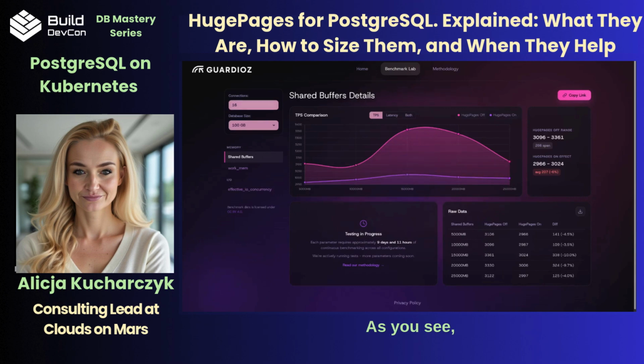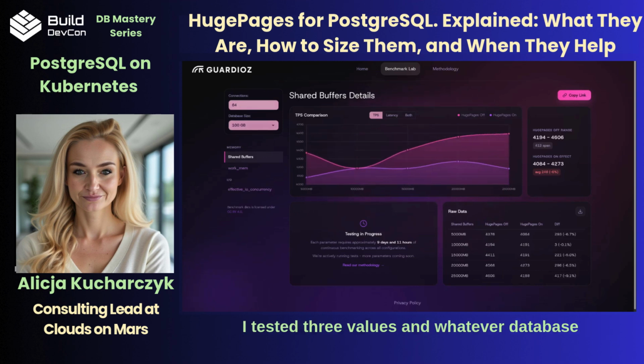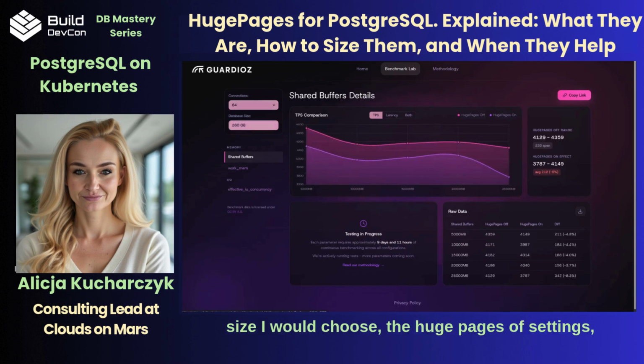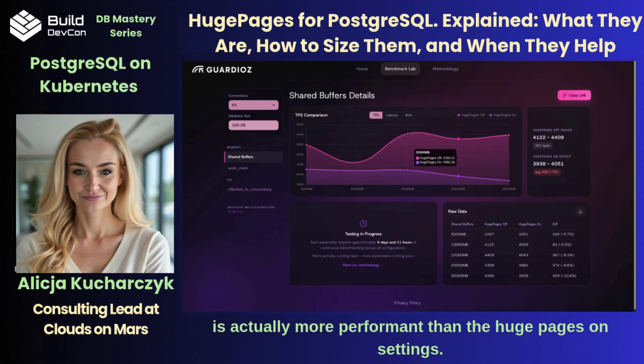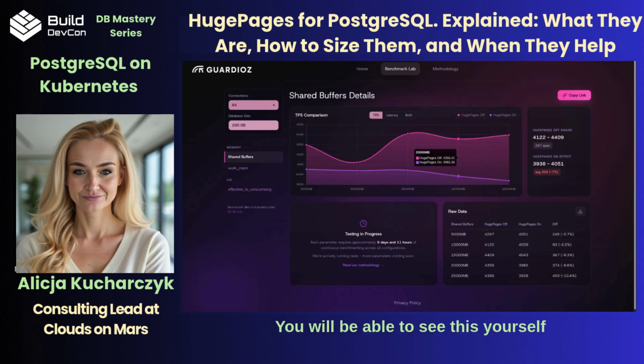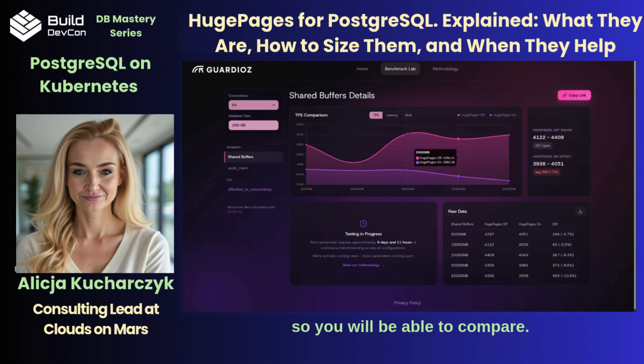As you see, whatever connection count I chose, I tested 3 values, and whatever database size I chose, the HugePages off setting is actually more performant than the HugePages on setting. You will be able to see this yourself soon. We are going to make these benchmark results public, so you will be able to compare.